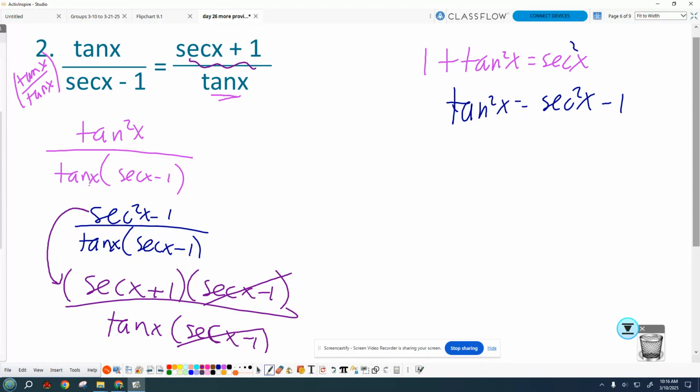So here I get exactly the other side. I get that secant x plus 1 over tangent equals secant x plus 1. Cool. So forcing the denominator to look like the other side by multiplying by tangent over tangent works.